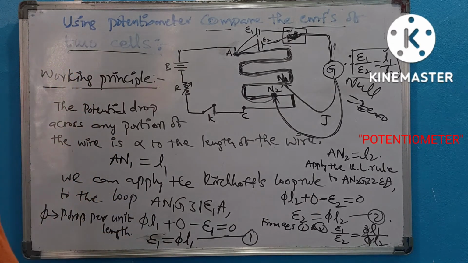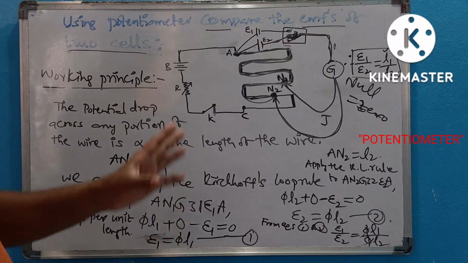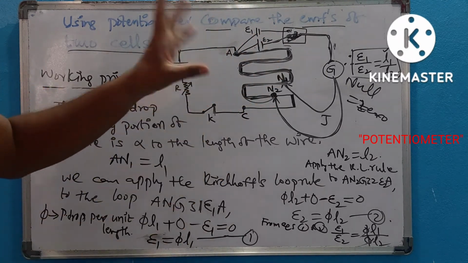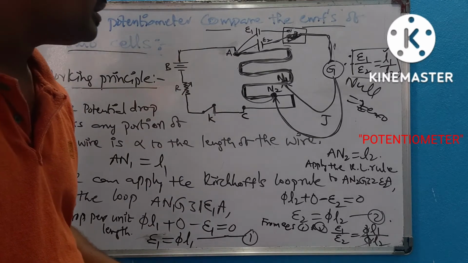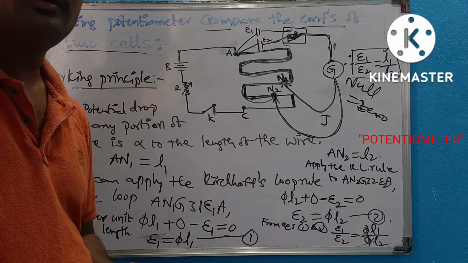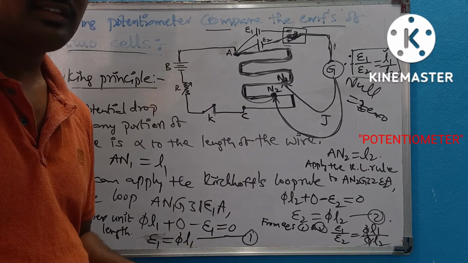The final expression is E1 by E2 equal to L1 by L2. Okay, is it clear to everybody? So this is about potentiometer. Okay, thank you.